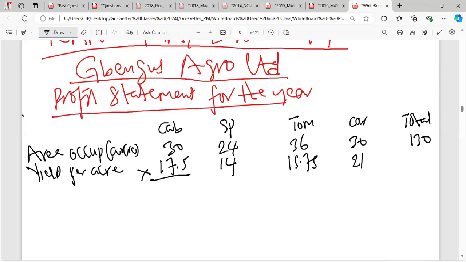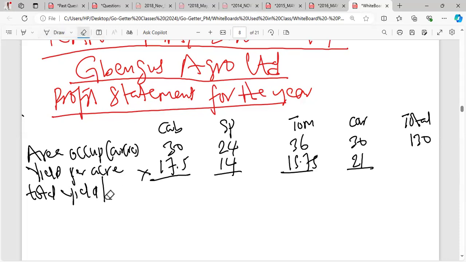So you multiply, then you will now say total yield in tons.